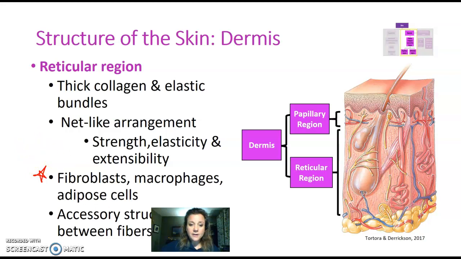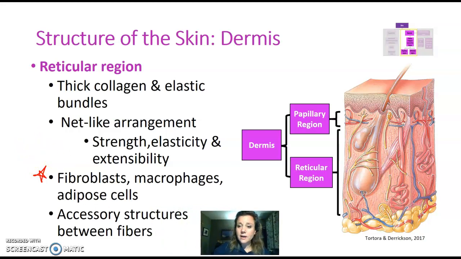And there are accessory structures, like if we look at our picture here, hair follicles, muscles, sweat glands, and sebaceous glands that are all a part of the dermis. They all reside in the dermis, and we're going to talk about those accessory structures later.